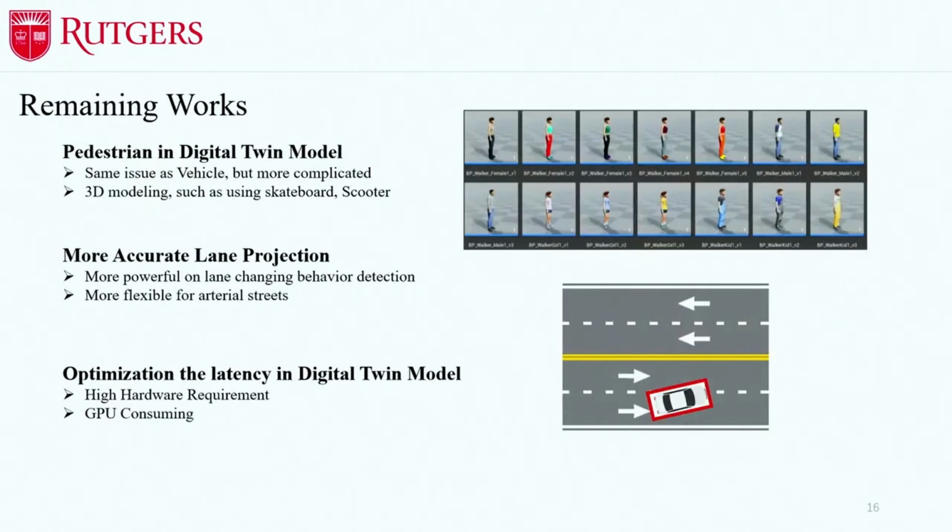Here are some remaining works of my model. Firstly, you didn't see any pedestrians in my model. That is because the pedestrian trajectories have the same issue as the vehicles, with some broken points, since when the LiDAR detects persons, they are a little bit smaller than the vehicles.